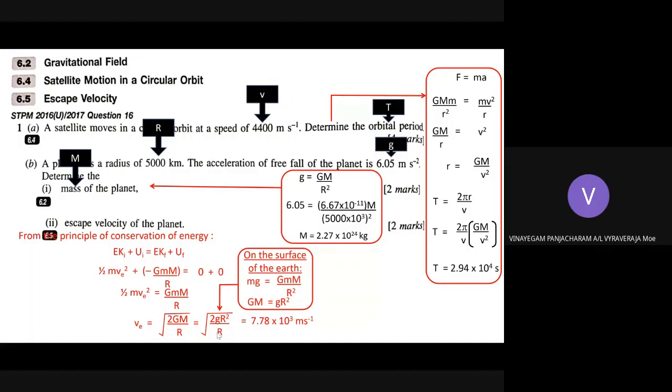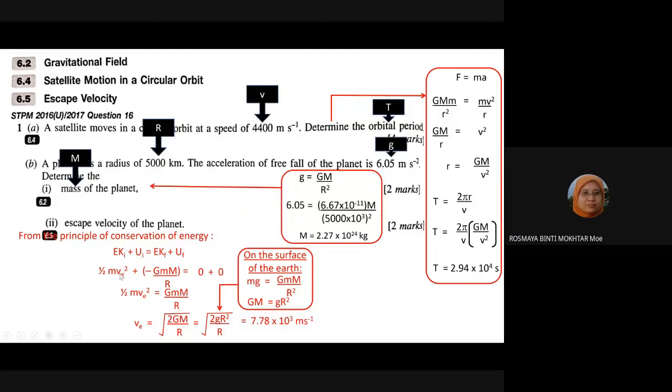Can you help a bit to explain the second step of the principle you just mentioned? This one. Yes. The initial total energy means, on the surface of the Earth, for example we are going to launch a rocket so that it can exit the gravitational pull of the Earth and go to outer space. So the rocket will be launched at a certain velocity, and that velocity must be the escape velocity.